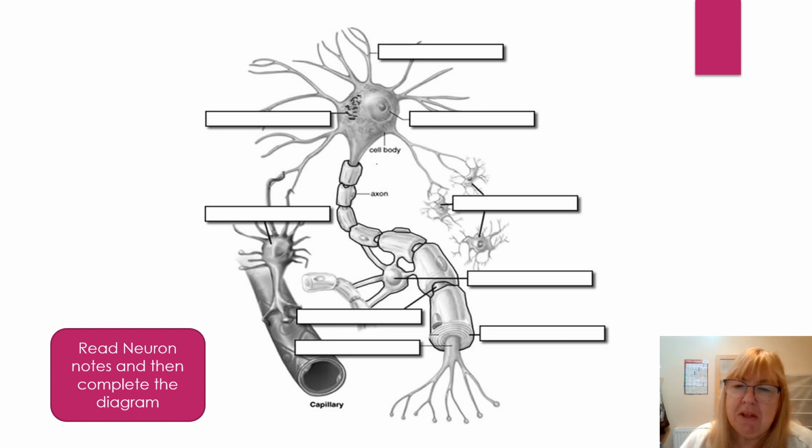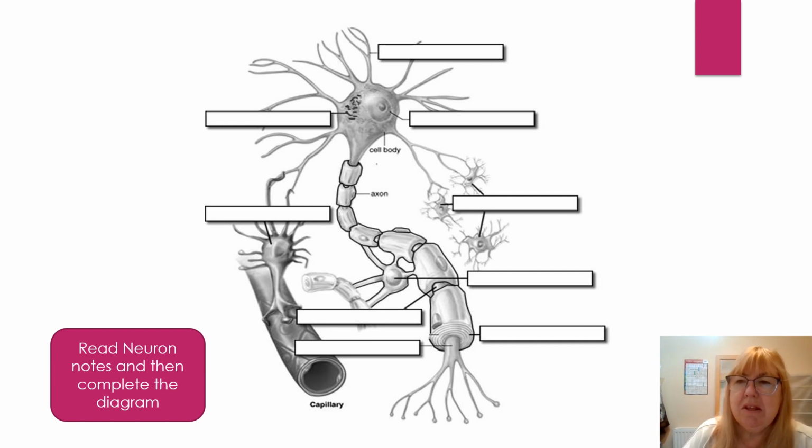So the best thing to do is maybe to stop and have a read through your neuron notes, and there's a little diagram like this for you to complete so you learn what the different bits are, okay, the cell body, the axons, the myelin sheath, those sorts of things. It will be helpful because when I talk about the different types of diseases, I'll mention the dendrites and that. So it'd be good for you to know what they are and what they do. It'll just widen your understanding.